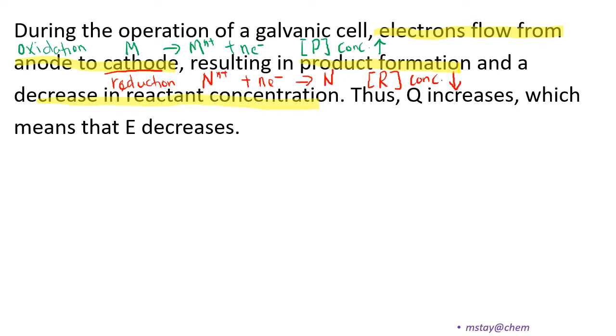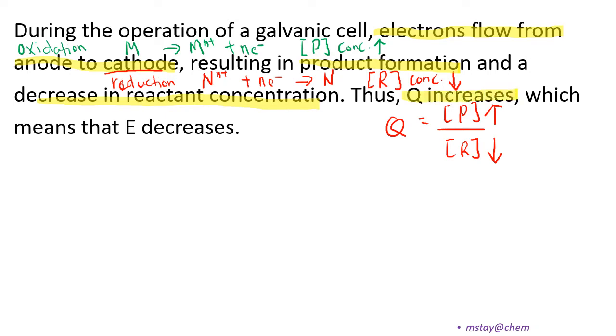When this happens, Q equals the concentration of product over the concentration of reactant. The concentration of product is getting higher while the concentration of reactant is getting lower. A bigger value divided by a smaller value means the Q value will increase.